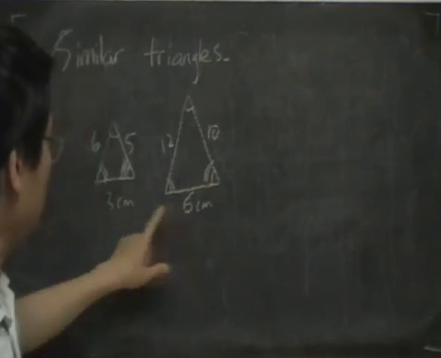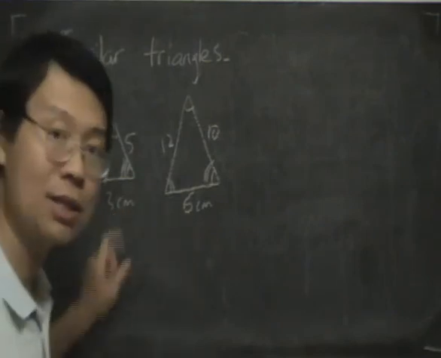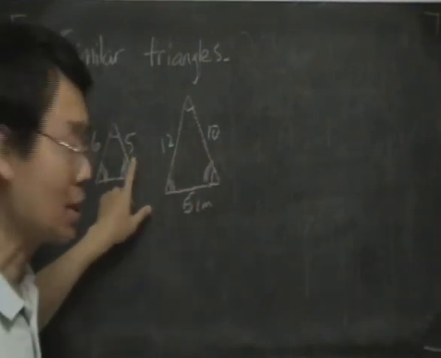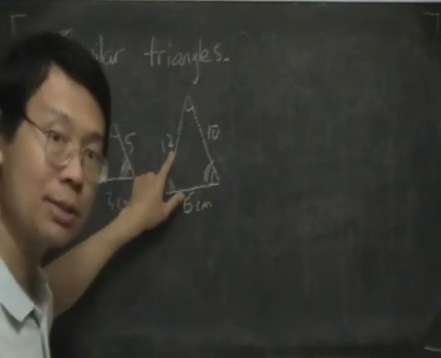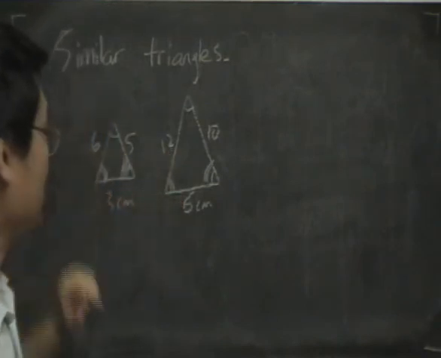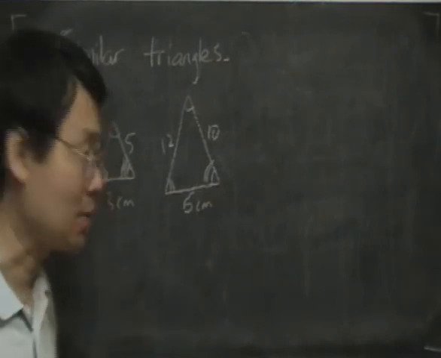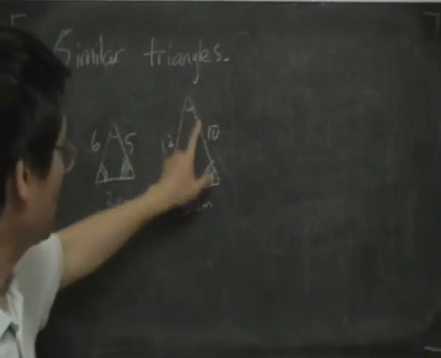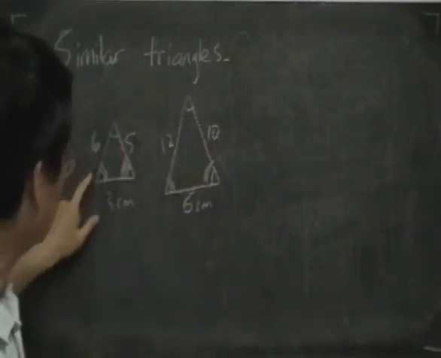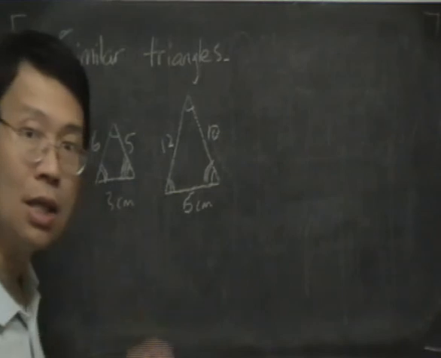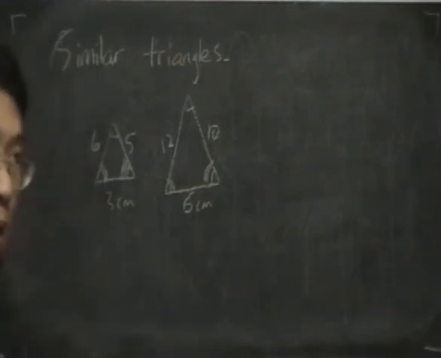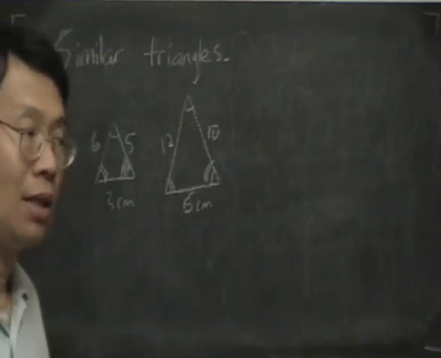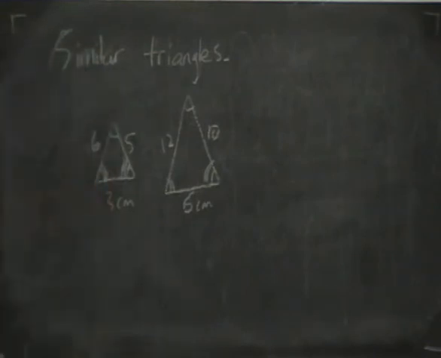So if this side is two times bigger than this side, then that side must be 2 times bigger than this side, and that side must be 2 times bigger than that side. So corresponding sides must have equal ratio, and that is the main idea about similar triangles.